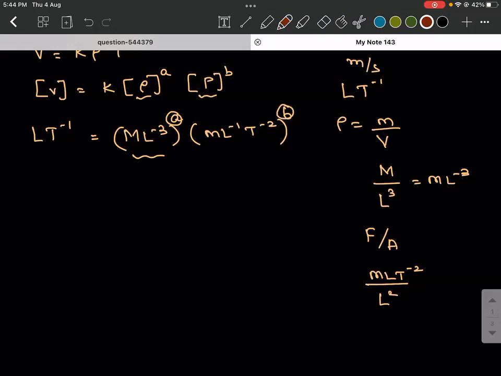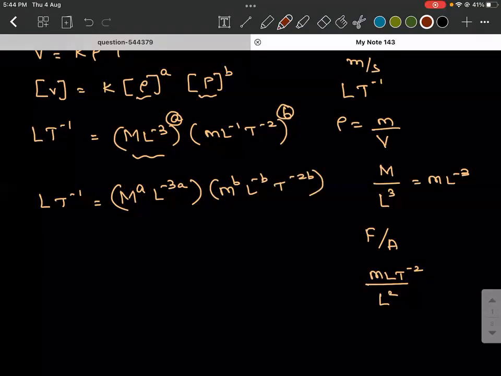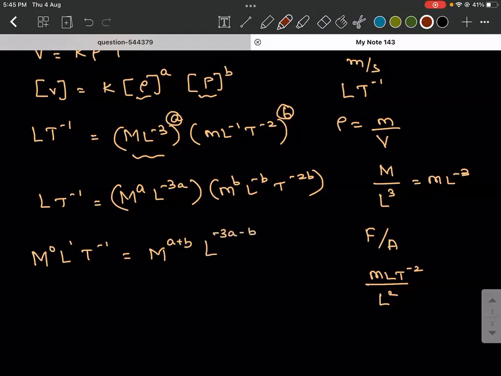So this will be L T minus 1 is equal to M power A, L power minus 3A, into M power B, L power minus B, T power minus 2B. Right? This is M0 L1 T minus 1 is equal to M power A plus B, L power minus 3A minus B, and T power minus 2B.